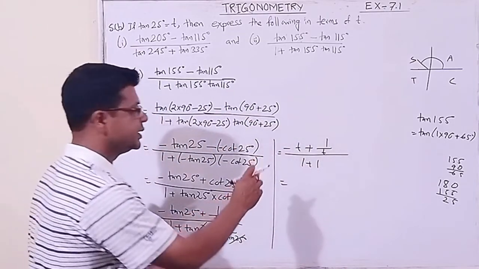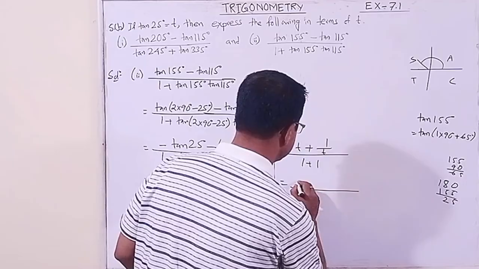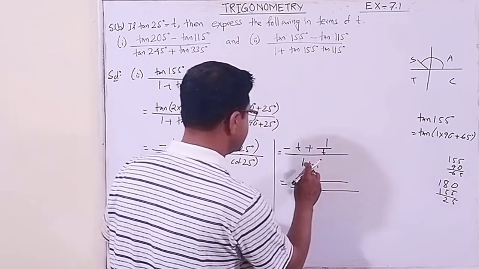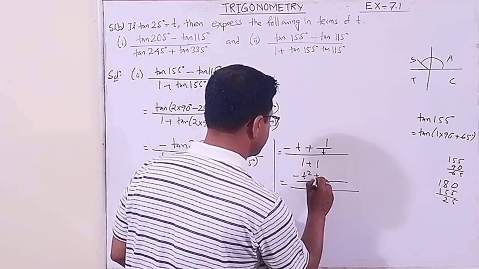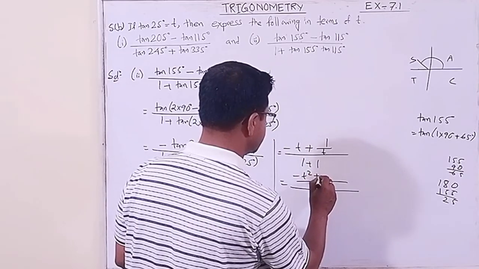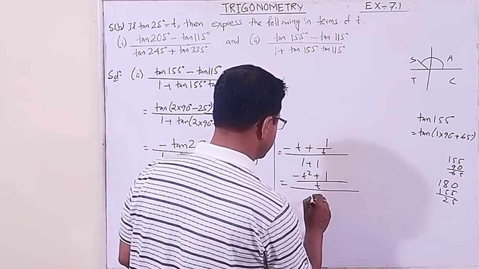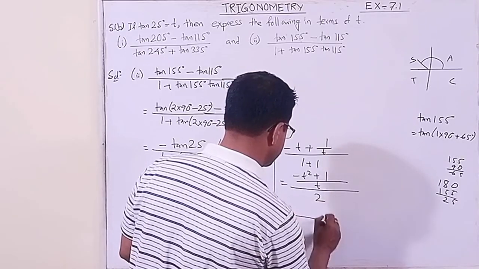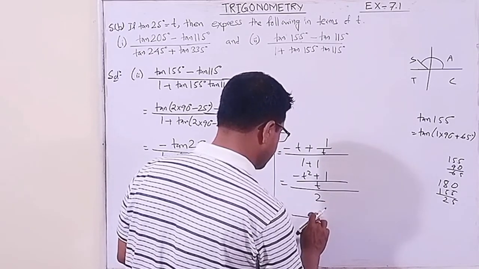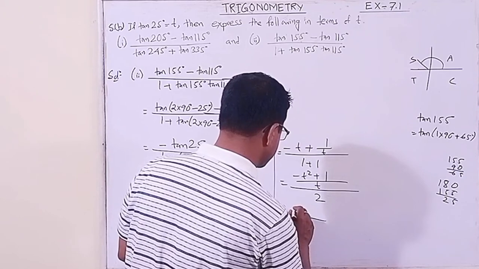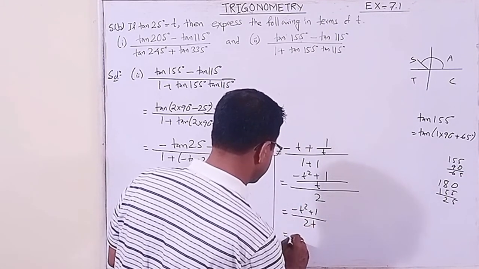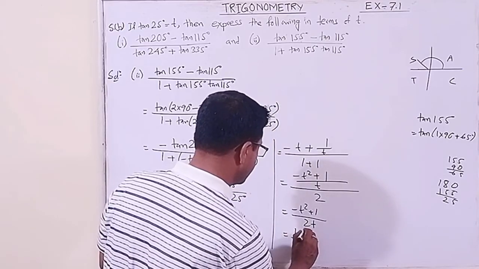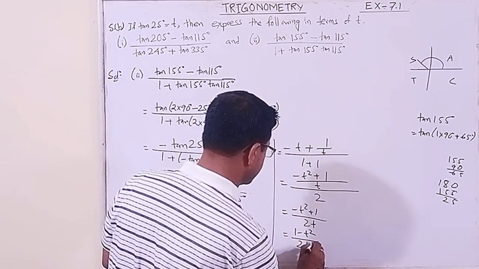Here we have cancelled, so that 1 is left. This is very simple for you. This is t into t square. As there is a minus sign, minus t square plus 1 by t. So this t will be brought down, so it is minus t square plus 1 over 2t, or we can express it in this way also, 1 minus t square by 2t.